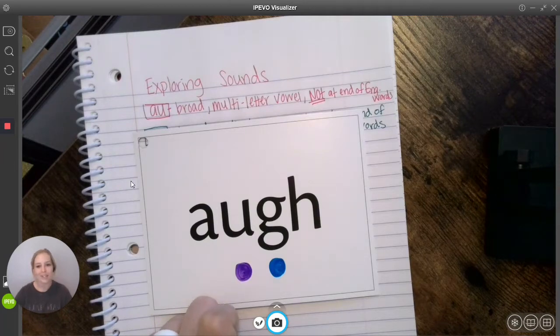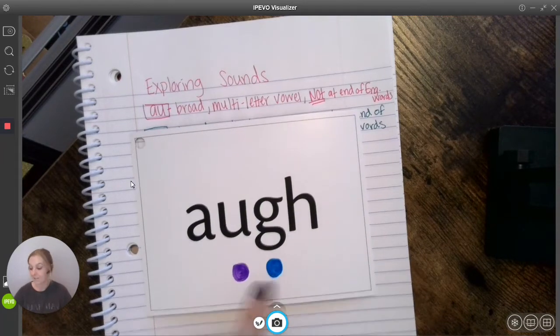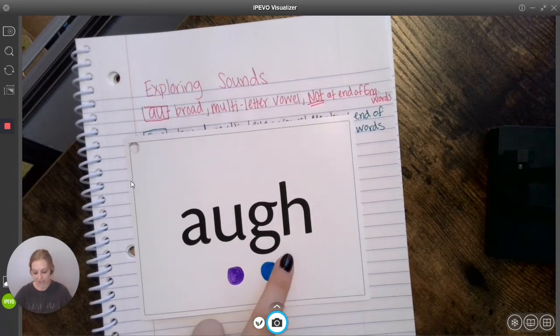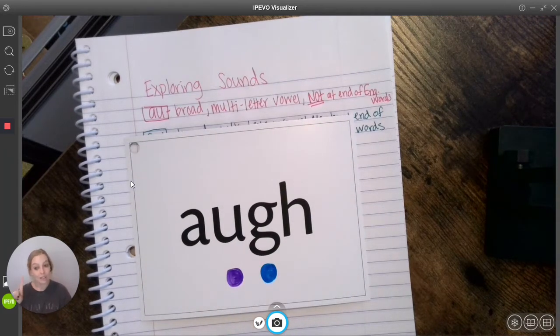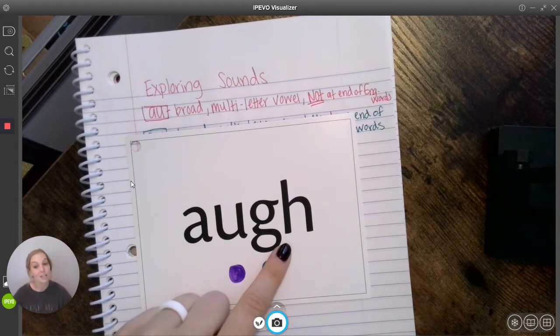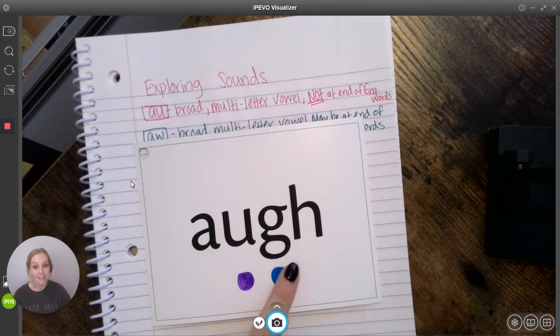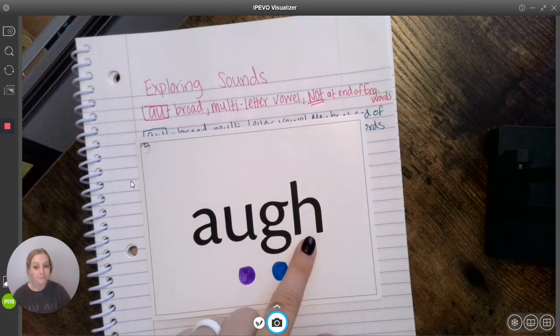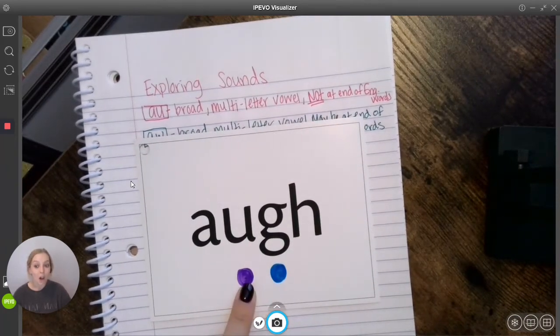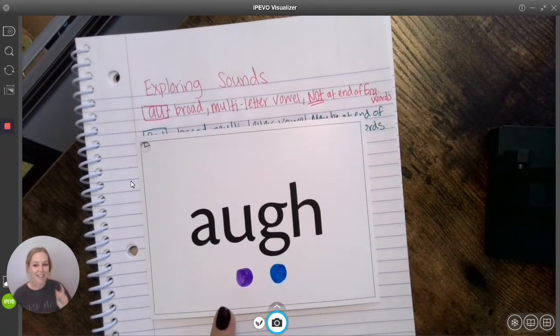Who remembers? It says phonograms ending in GH are used only at the end of a base word or before the letter T. The GH is either silent or pronounced f. And in this case, for af, it is pronounced f. But in its first sound, ah, it is silent.